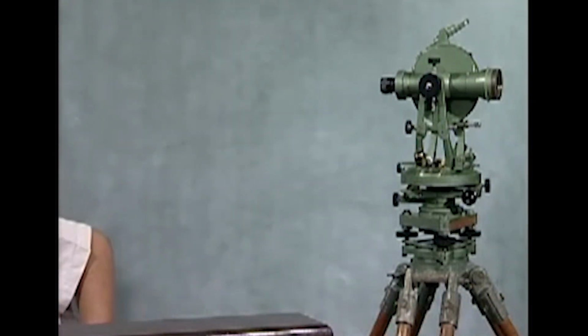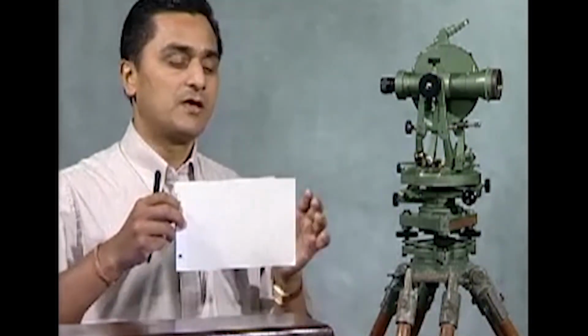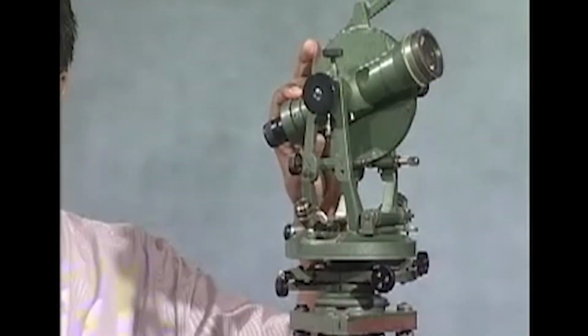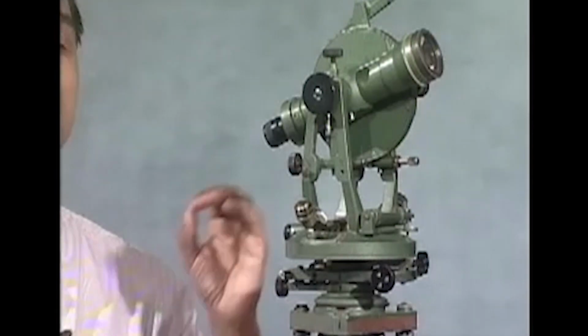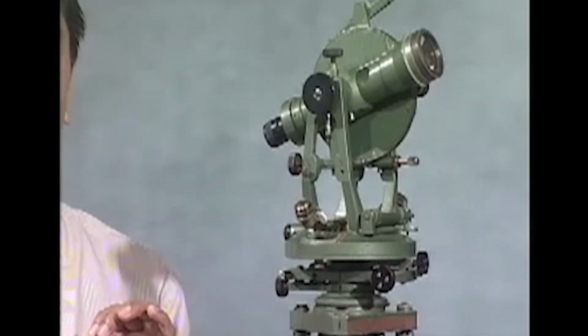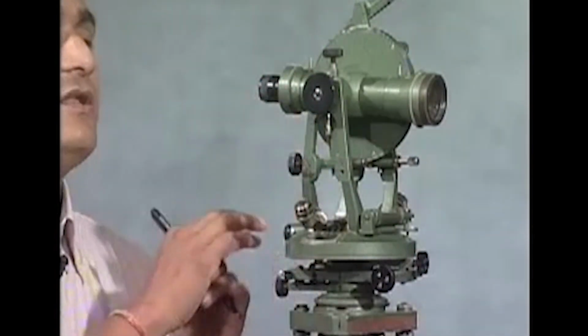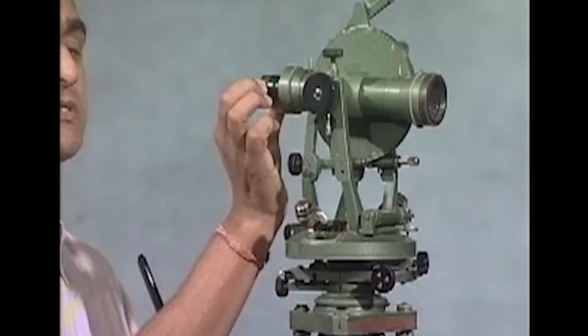Now how do we focus the eyepiece? We can make use of a white sheet. I put it in front of the telescope, or you can turn the telescope towards the sky or any white background where we can see the crosswires very distinctly. Then I focus the eyepiece.